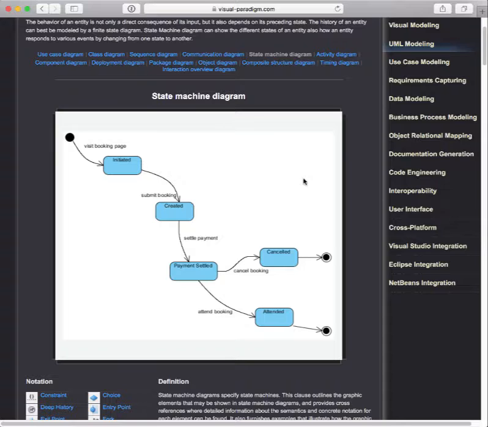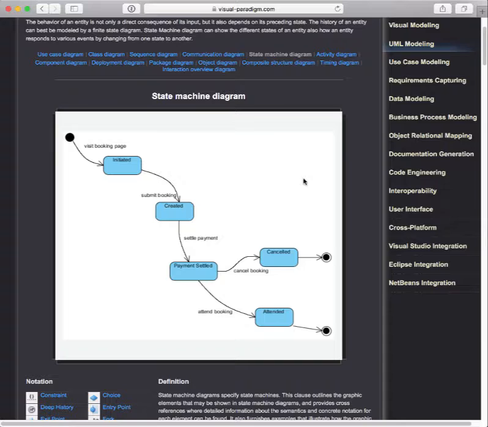It's sort of interesting here, they're all expressed in the past tense. Some action has happened. It was initiated. It was created. The payment was settled. It was canceled. It was attended.